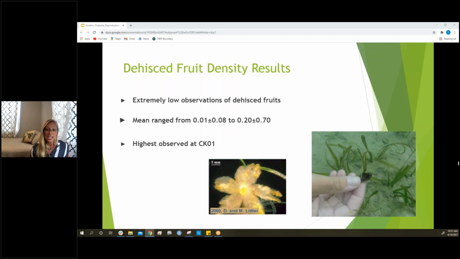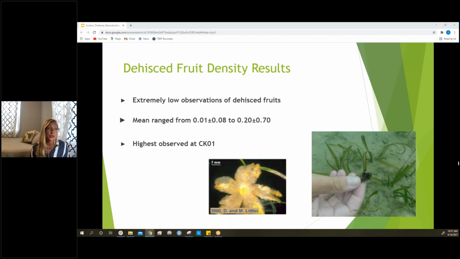Across all sites, evidence of successful sexual reproduction, as shown by dehisced fruits, was extremely low. Fruit dehiscence is a valuable tool for determining successful sexual reproduction. However, it does present its challenges.